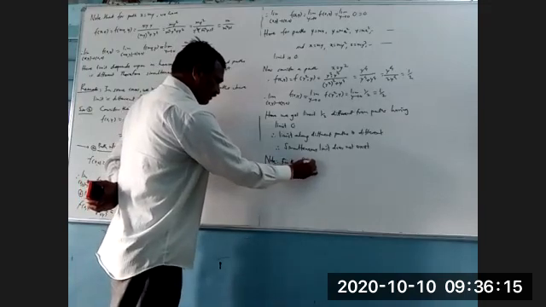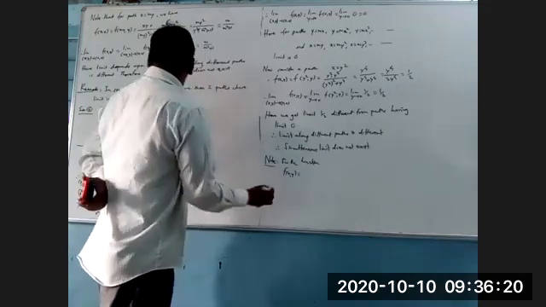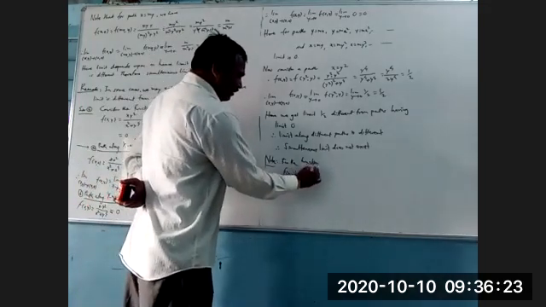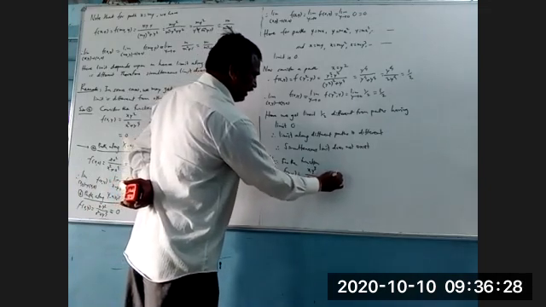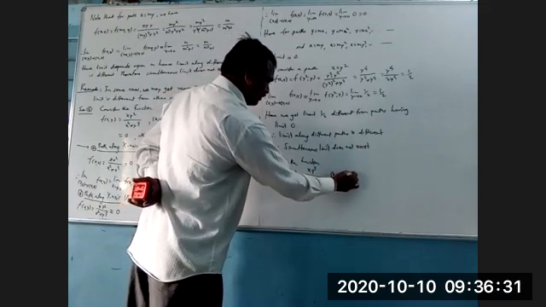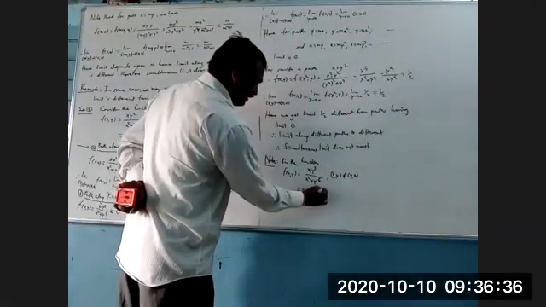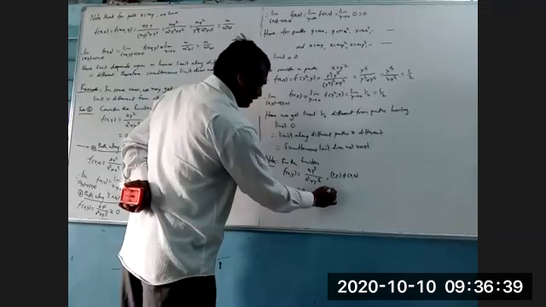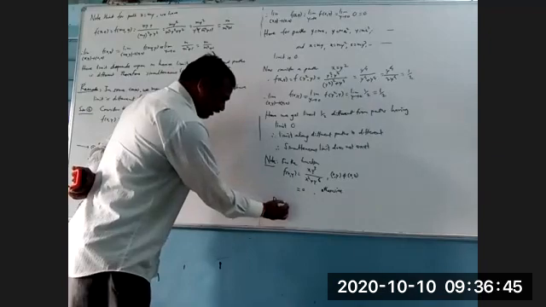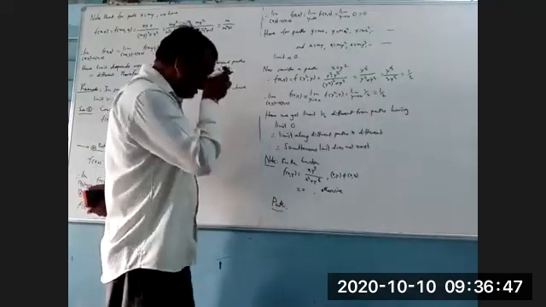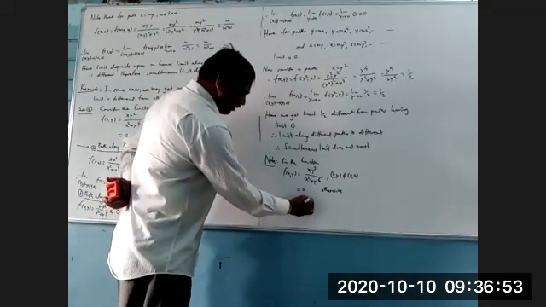For the function f of xy is equal to xy cube upon x square plus y raised to 6, provided xy is not equal to 0 0, and is equal to 0 otherwise, we are mentioning only the path along which we are getting a different limit, that is nothing but x is equal to y cube.